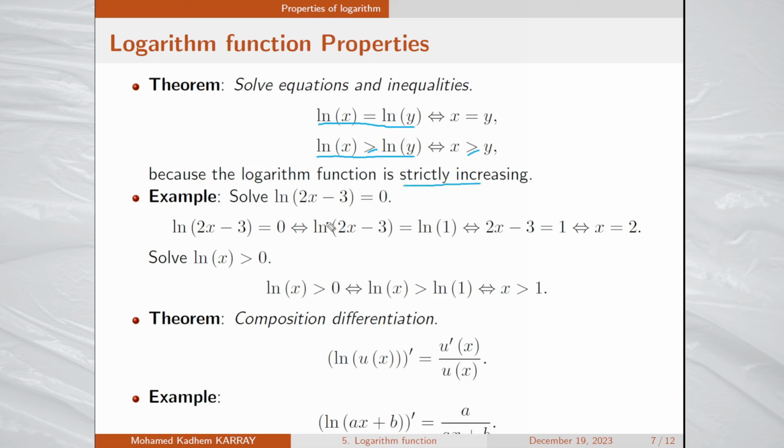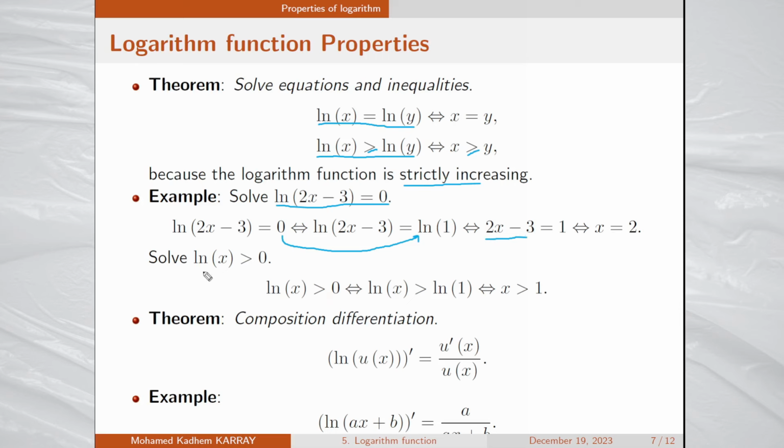Here is an example. Assume that we have to solve this equation here. So the first step is to remind that 0 equals logarithm of 1. And by the first property I stated, these logarithms are equal if and only if we have this equality. And we can easily solve this equality and find that x equals 1.